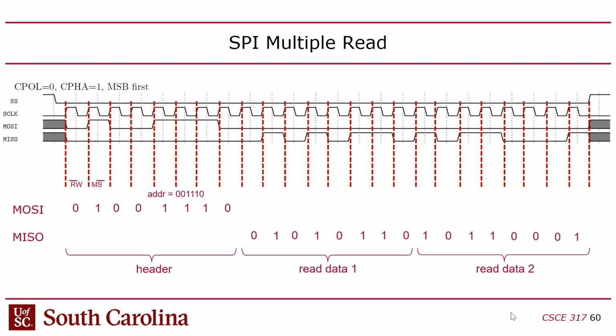So there's a 1 there for the next bit, which means I'm going to do a multiple byte transaction, and then the address is 001110, which is just going to be 0E in hex. In the second and the third exchanges, the peripheral knows what address is being read, and so it will send a sequence of bytes starting at address 0E for as long as I keep the SS signal down. Everyone with me? Okay, so that's a streaming read.